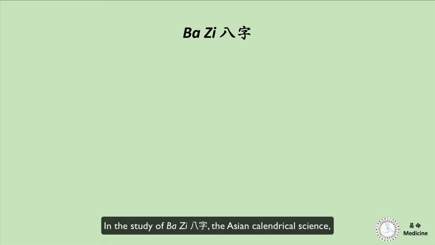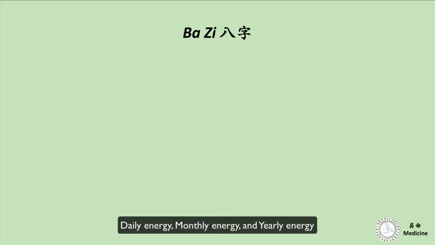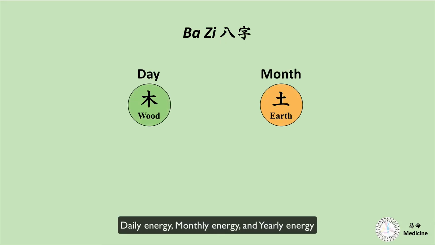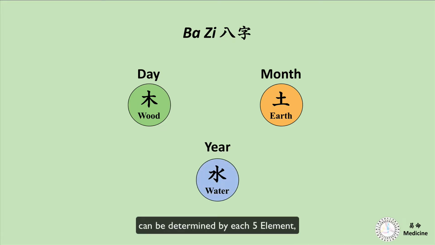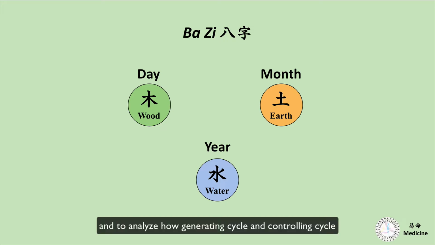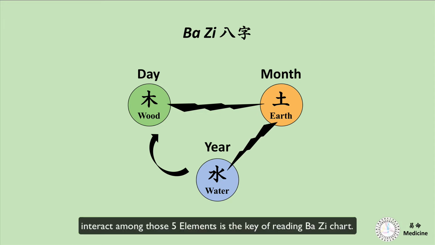In the study of Bazi, the Asian Calendrical Science, the daily energy, and monthly energy, and yearly energy can be determined by each 5 element. And to analyze how generating cycle and controlling cycle interact among those 5 elements is the key of reading Bazi chart.